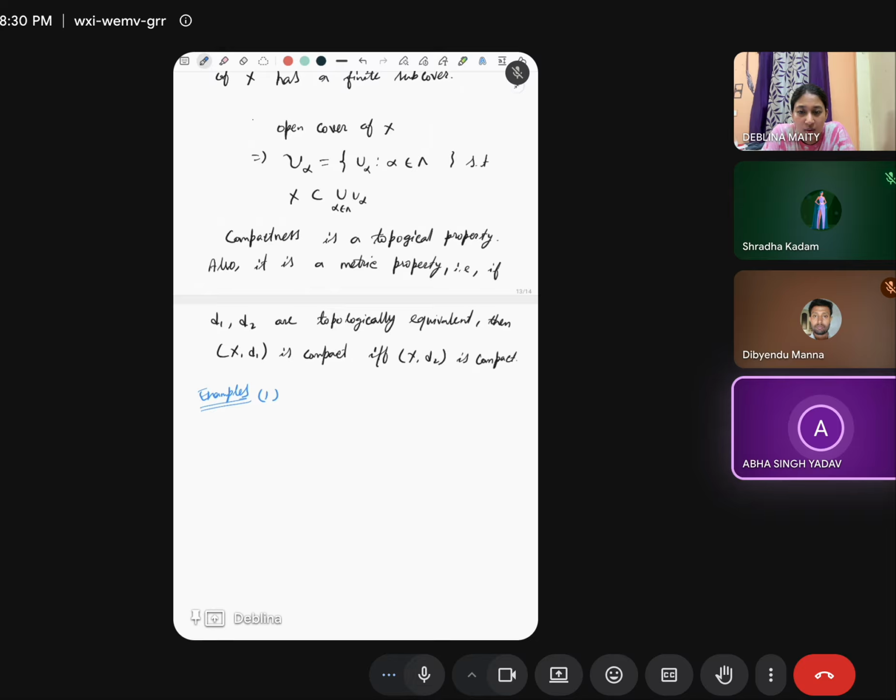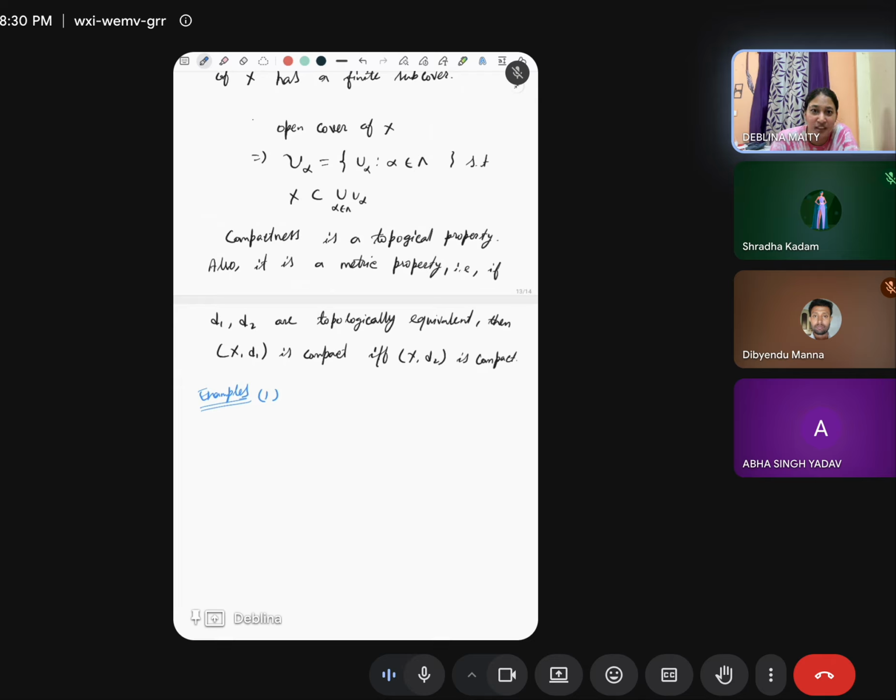Base is a collection of open sets whose union gives the whole space. Base here comes from linear algebra, right?